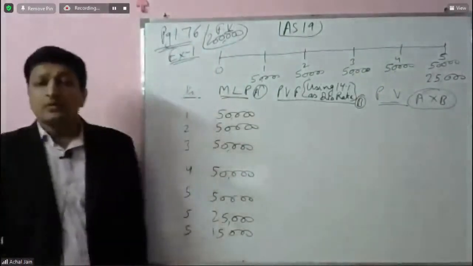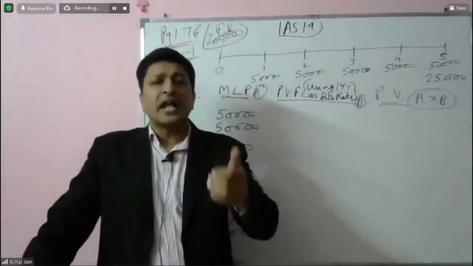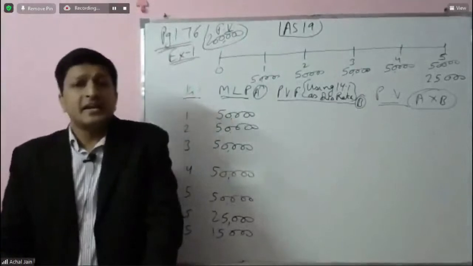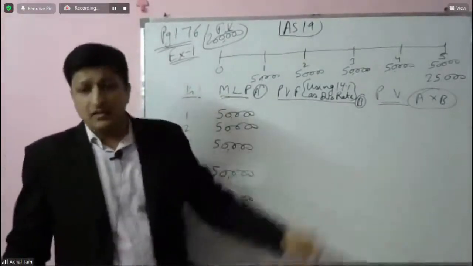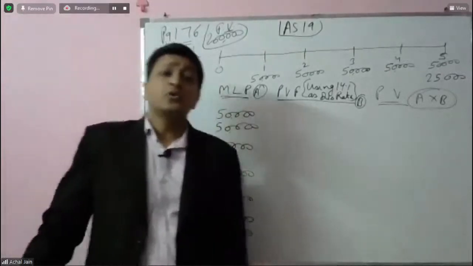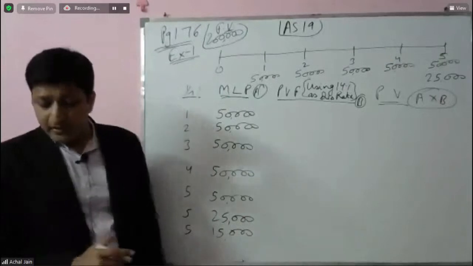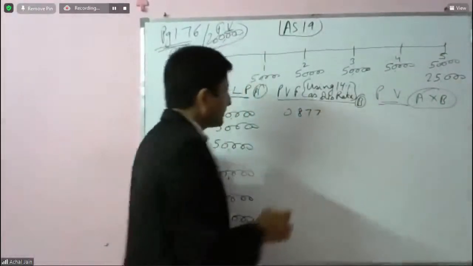Okay, so now what will I do? I will now try again, because it's a trial and error method. So I'll keep trying till the time I achieve the desired result. So now using a discount rate of 14%, I'll compute the PV factor. So it's 0.877.